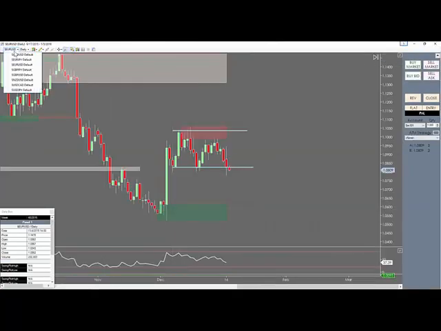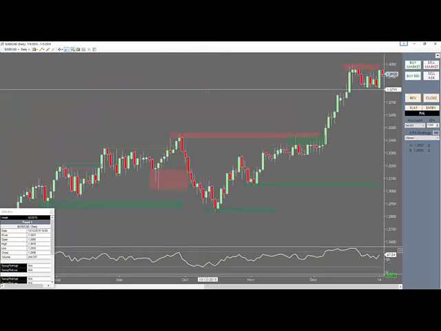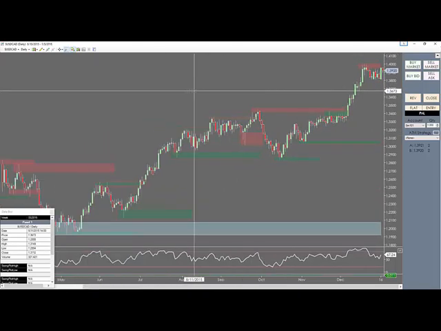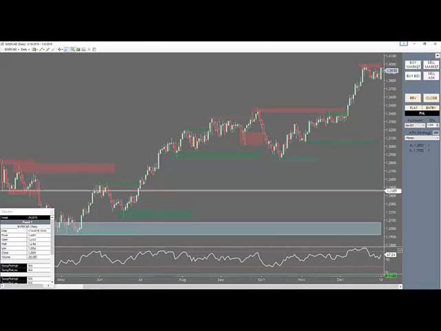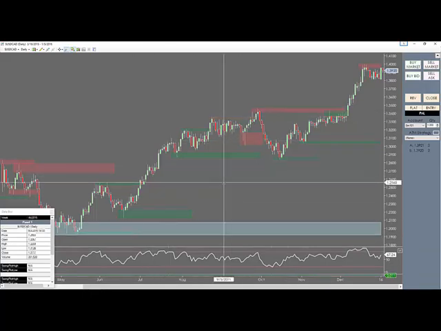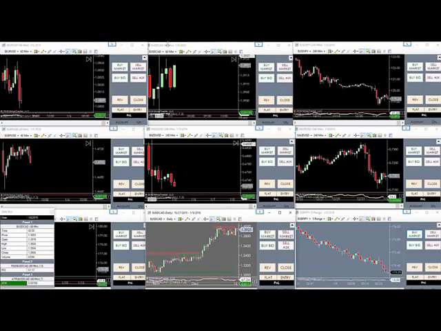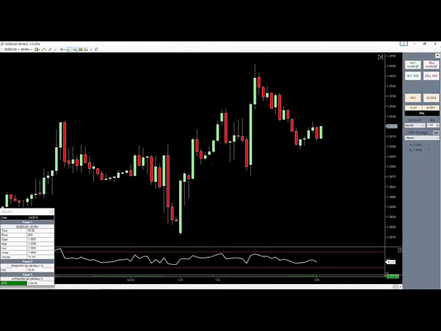Let's go to dollar CAD. Now on the daily chart, dollar CAD has been extremely bullish, so what I am looking for is an opportunity to buy. To do that, I go to my lower time frame.